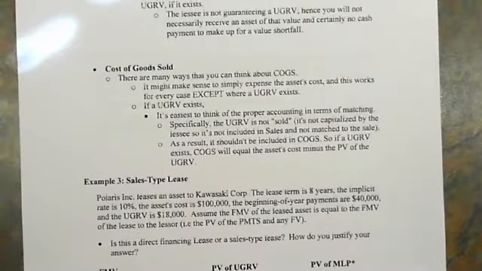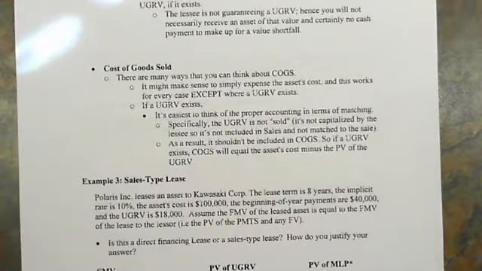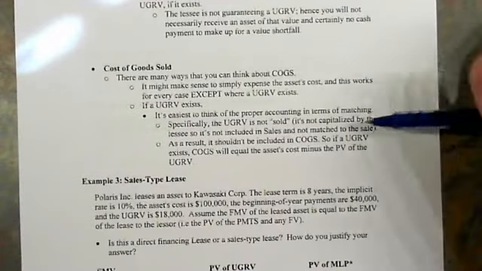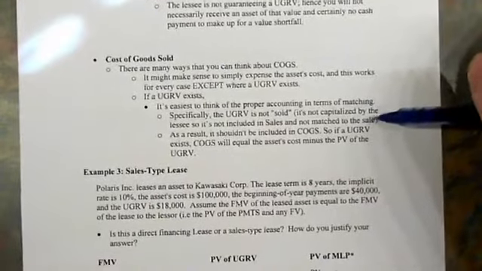In this case, that is the asset's cost. So we would want to record the cost of the asset as cost of goods sold. Now, that works in every case except a UGRV. And if you think about it, the UGRV is not being sold. It's not capitalized by the lessee, so it's not included in our sales, and therefore should not be matched to the sale.